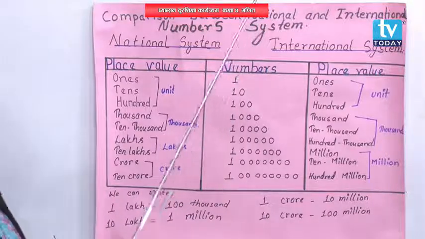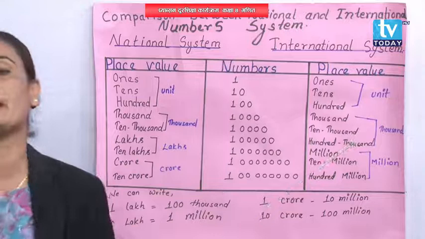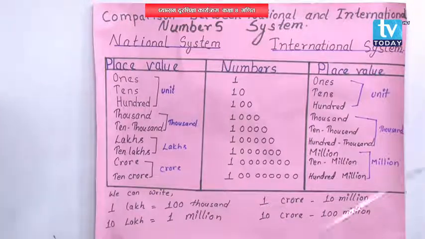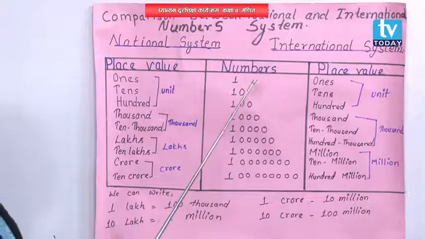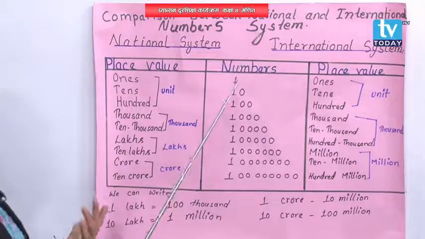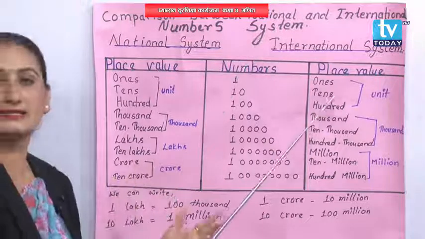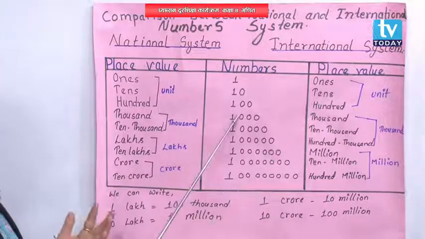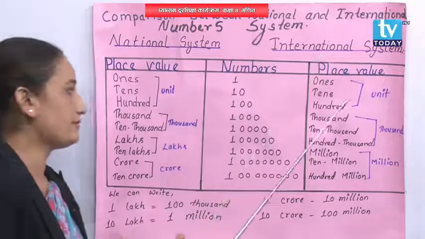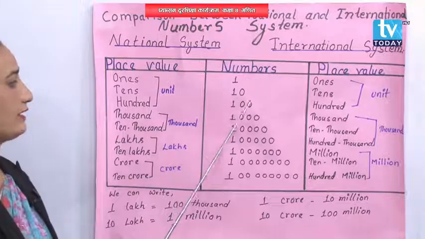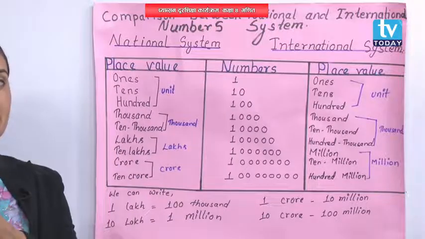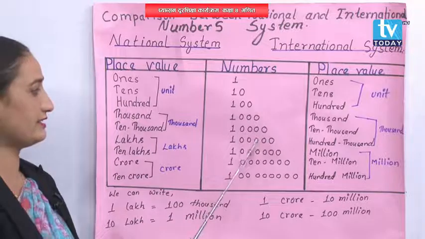In the same way we are going to learn the international system. Ready? In the international system, the same number 1 is also known as ones, 10 as tens, 100 as 100, 1000 as 1000, and 10,000 as 10,000. But pay attention here.